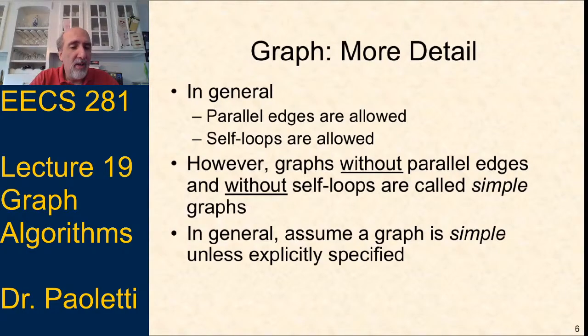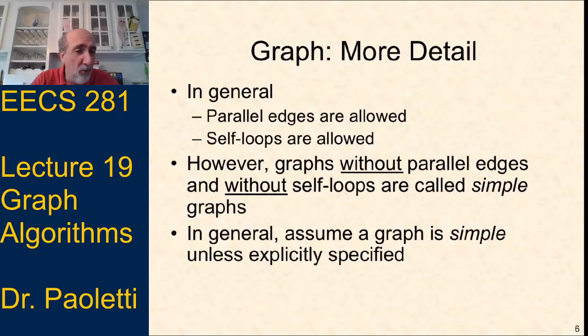So those extra edges would complicate both some algorithms and our analysis of the algorithms on those graphs. So for instance, if I said, what's the complexity of this algorithm? You say, oh, it's O of the number of edges. I say, well, if you allow parallel edges, then the number of edges could be infinite.